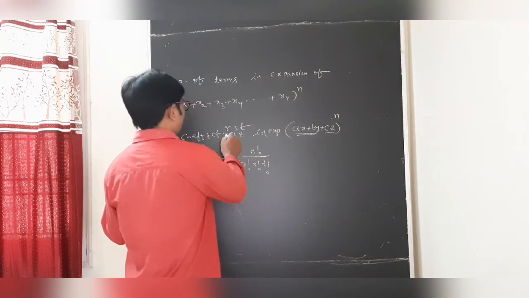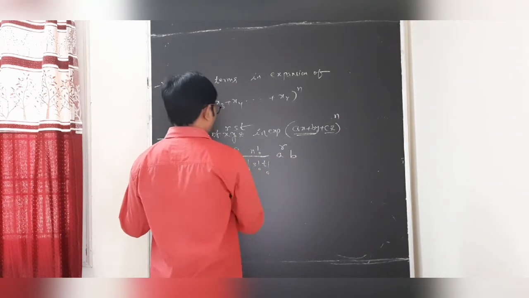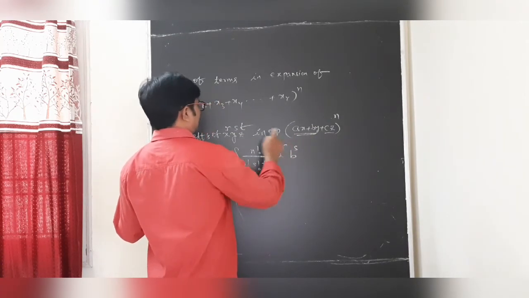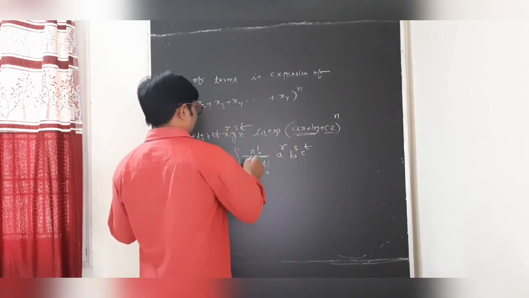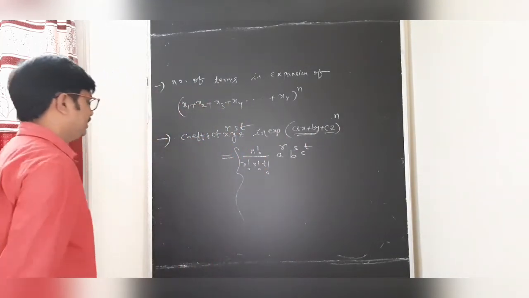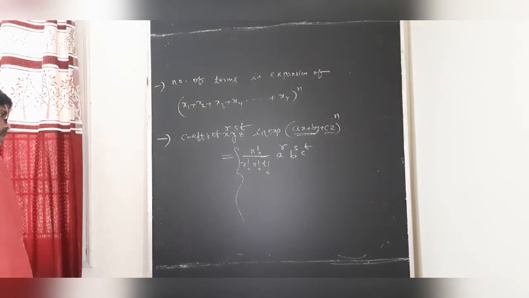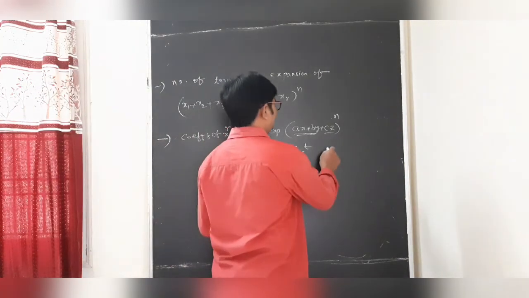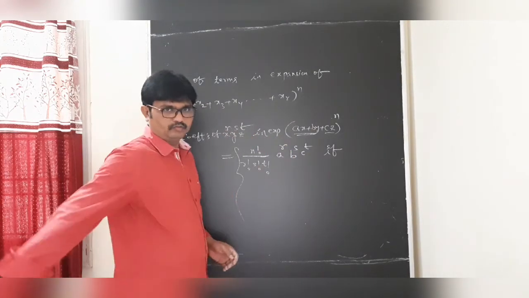Then you can write x power r coefficient, that is a power r, y power s, that is b power s, and z power t, that is c power t. Undoubtedly, r plus s plus t must be equal to n.